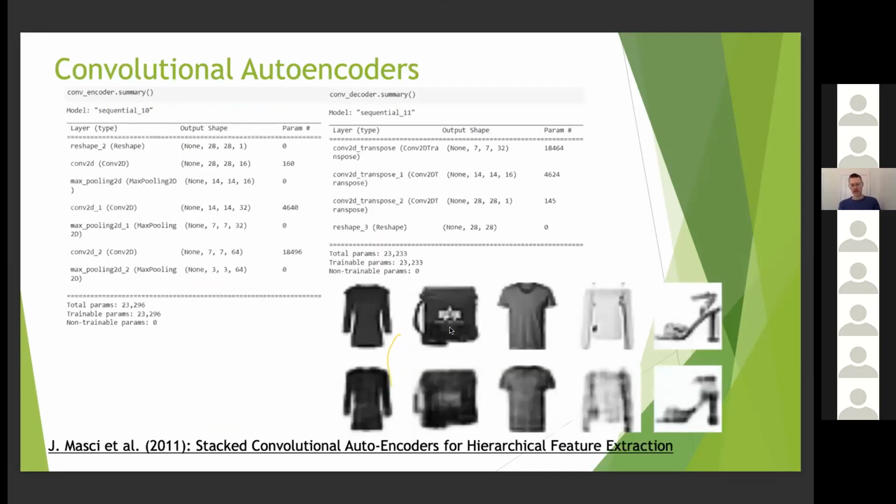And the examples we've seen so far have just been dense networks. So here we see that we can do it with convolutional layers as well. This is a very common use case, to run with convolutional autoencoders. Convolutional is probably the single most common type of layer in GANs as well.